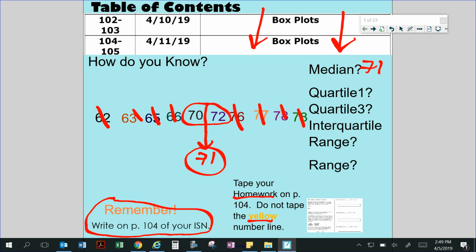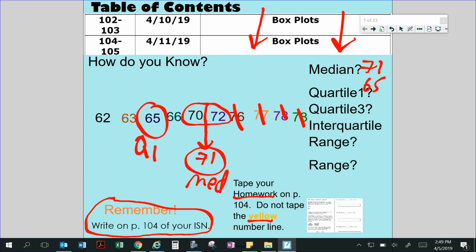Actually, there's my eraser. So we have 5 numbers. So which number is in the middle of this 5? 65. So this is median. This is quartile 1. So 65 is quartile 1.